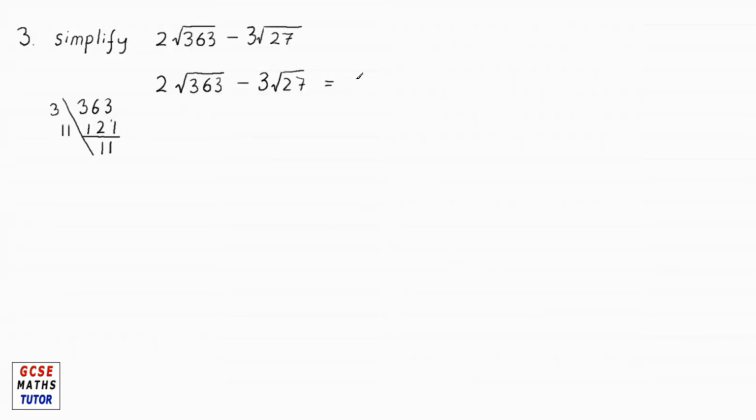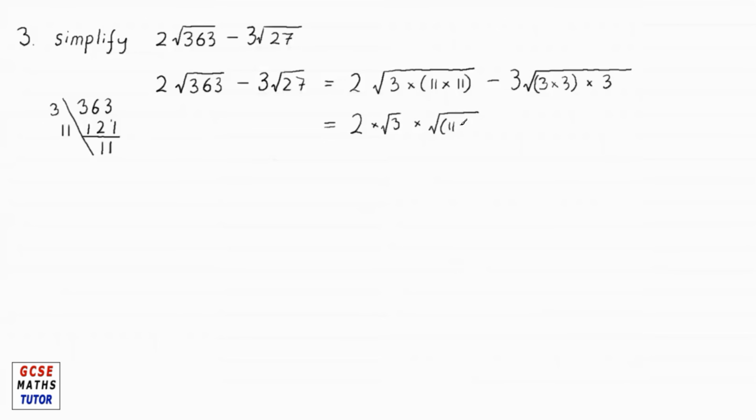So our factors are 3, 11 and 11. So now the right hand side of the equation equals 2 times the square root of 3 times 11 in brackets minus 3 times the square root of 3 times 3 in brackets times 3, which equals 2 times root 3 times the square root of 11 times 11 in brackets minus 3 times the square root of 3 times 3 in brackets times 3.